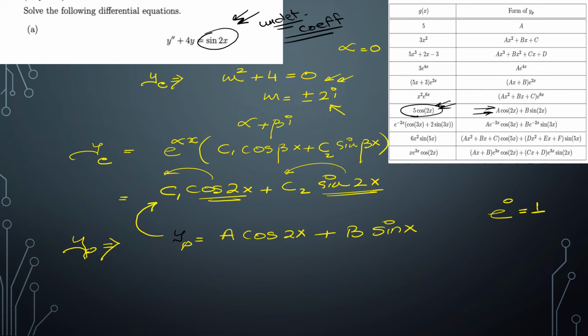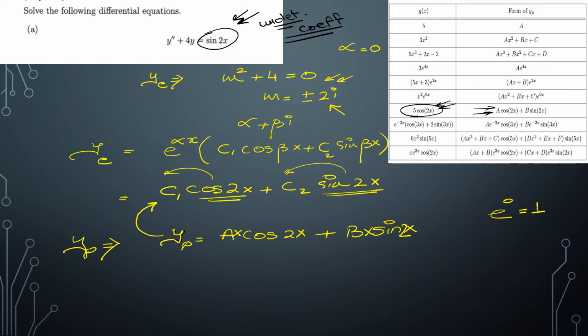So I am not allowed to write the same functions with another kind of arbitrary constants like I'm using over here, a and b. So in order to differentiate them, you write here ax cosine of 2x and bx sine of 2x. Not x, it is sine of 2x. Now this is the perfect thing.